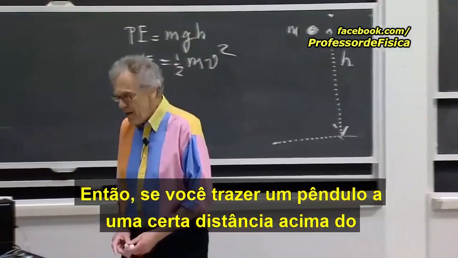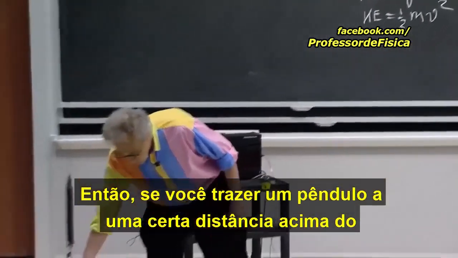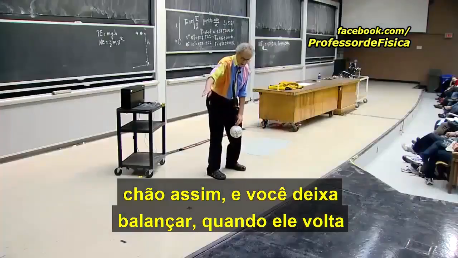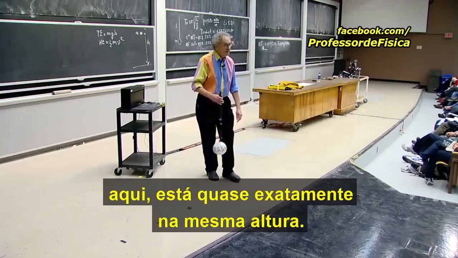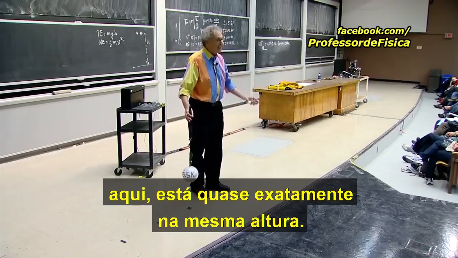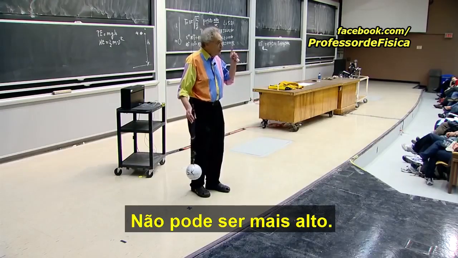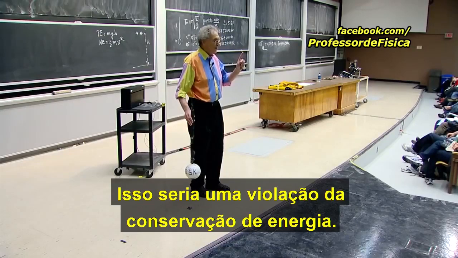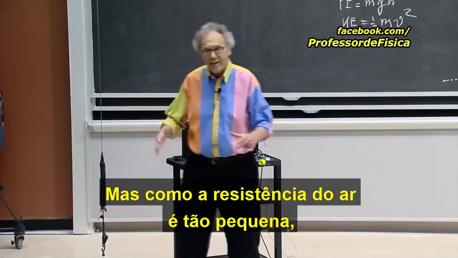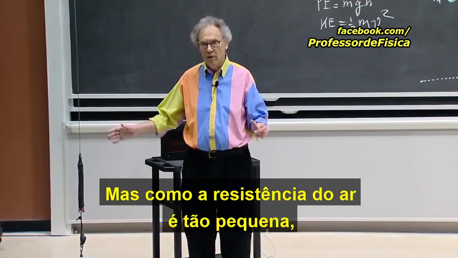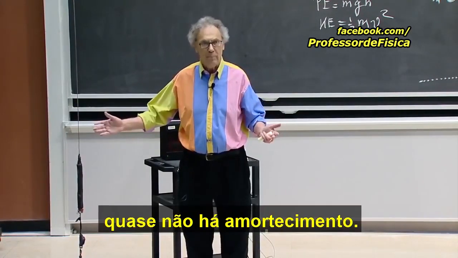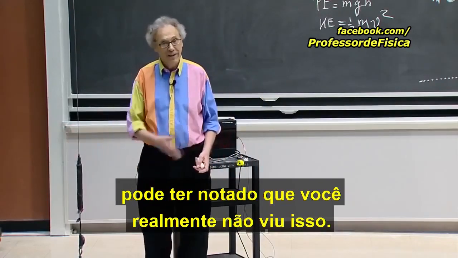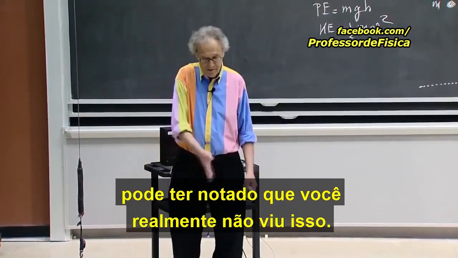So if you bring a pendulum at a certain distance above the ground, like this, and you let it swing, when it comes back here, it is almost exactly at that same height. Cannot be higher. That would be a violation of the conservation of energy. But since the air drag is so small, there is almost no damping. And in fact, when you saw the demonstration I just did, you may have noticed that you really didn't see this.